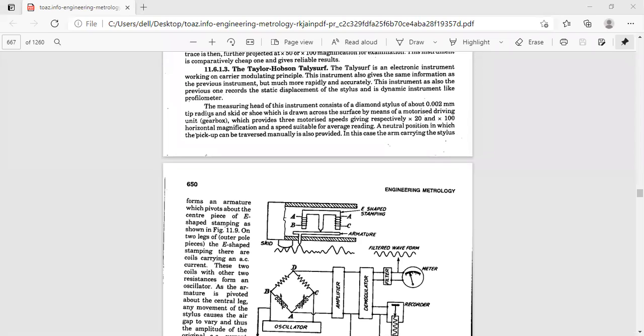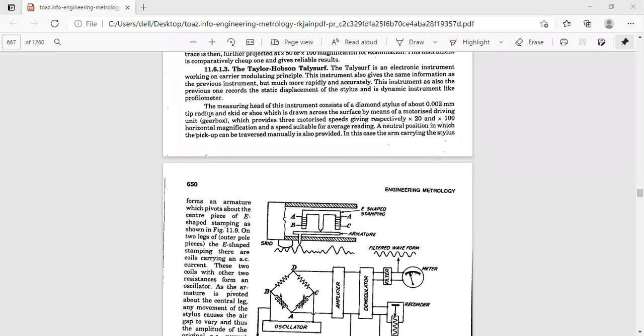So what is the difference between the profilometer and the Taylor, Hobson, Talisurf? The profilometer works on the voltage generative principle, and here in the Taylor, Hobson, Talisurf, what is the working principle? Current generative type. So that is the principle.